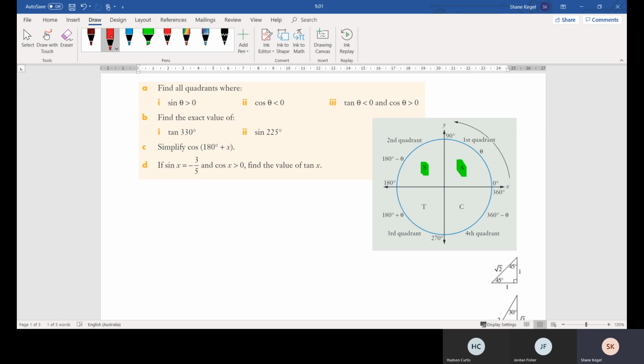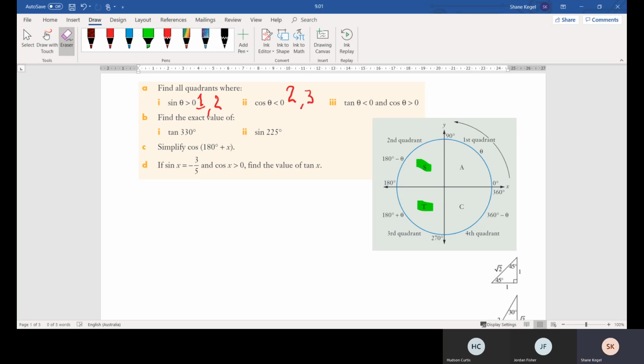So part A would be quadrant 1 and quadrant 2, as you can see from our diagram there. Part 2, where is cos less than 0, or basically where is cos negative? Well, cos is negative wherever A and C are not, because in A and C, cos is positive. So cos must be negative in the other two quadrants, quadrant 2 and 3.